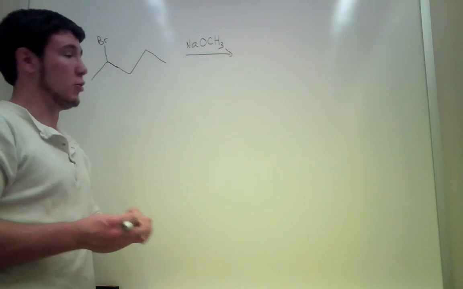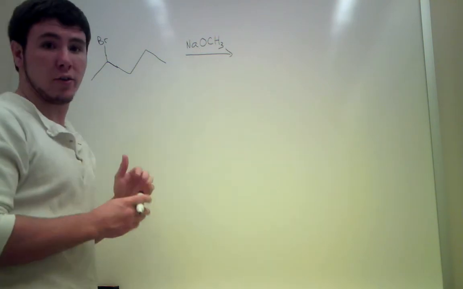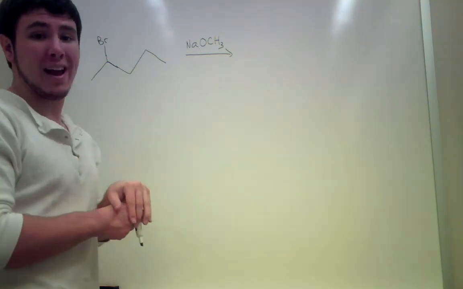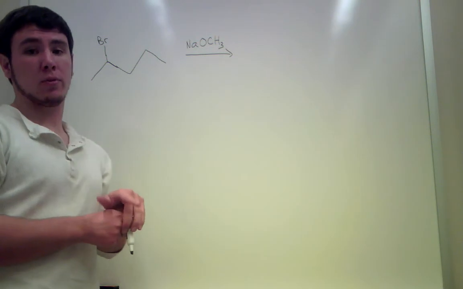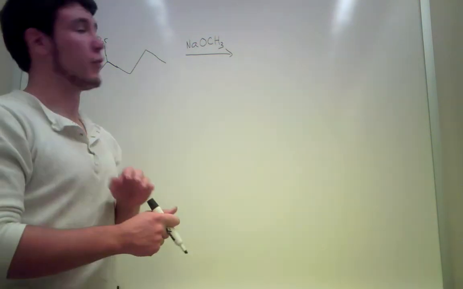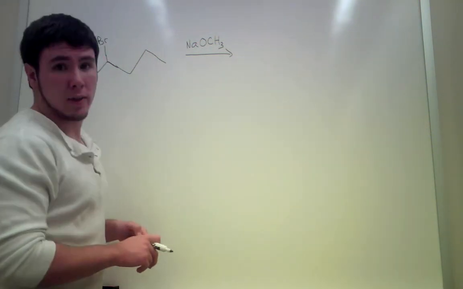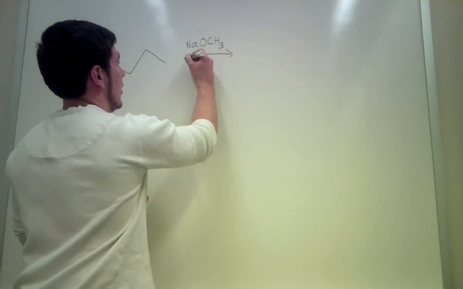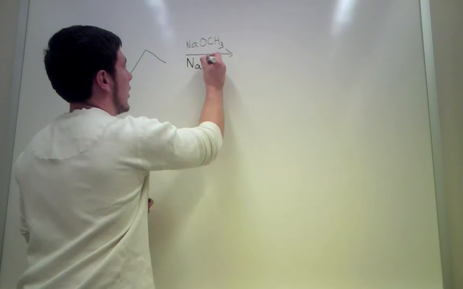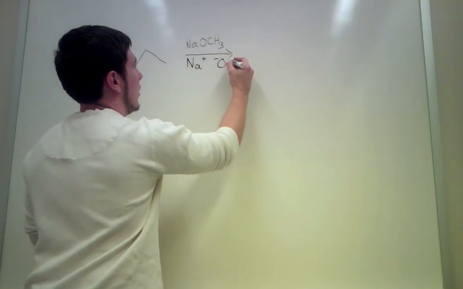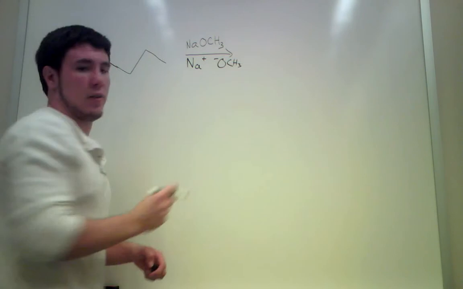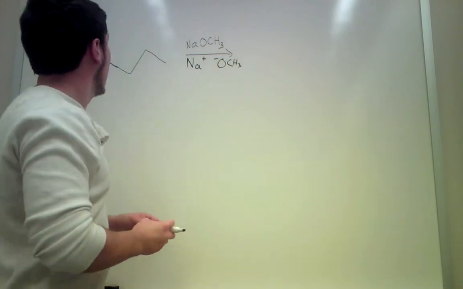First off, we're going to look at our sodium methoxide and determine whether that's a strong base or a weak base or a weak nucleophile or a strong nucleophile. So when I look at this, the first thing I think is that we've got an Na plus and then a negative methoxide there.